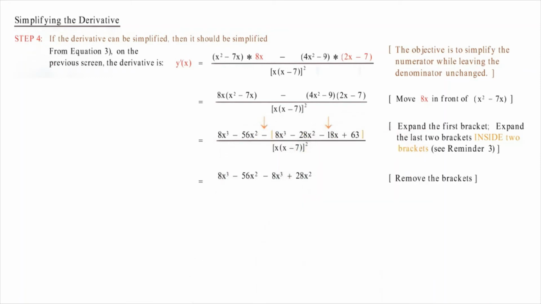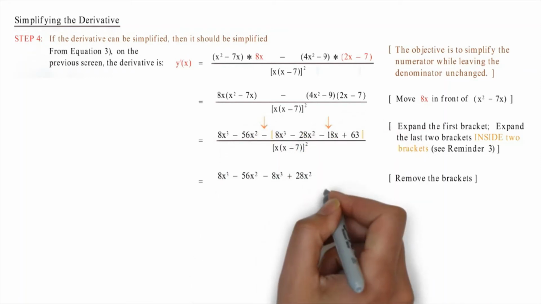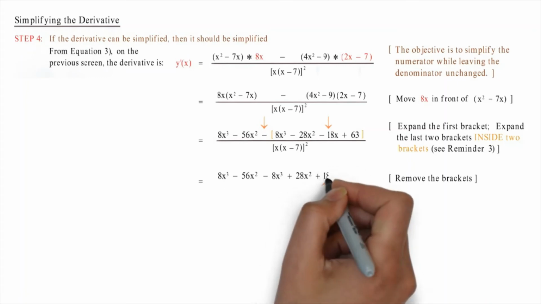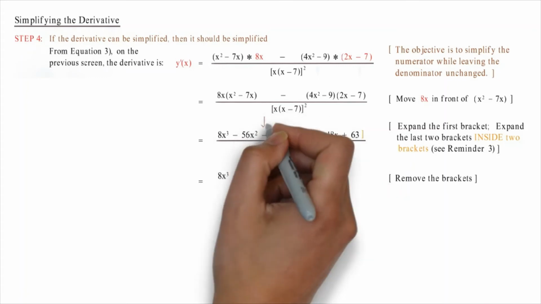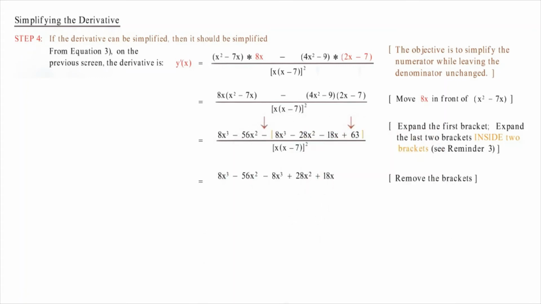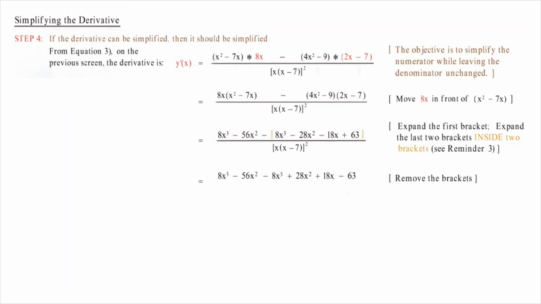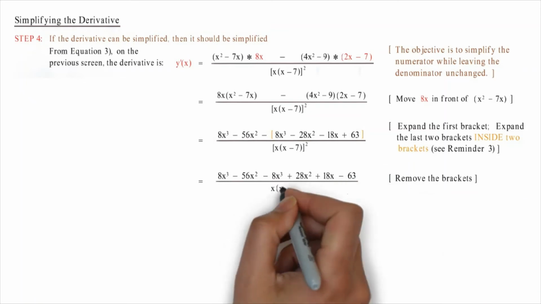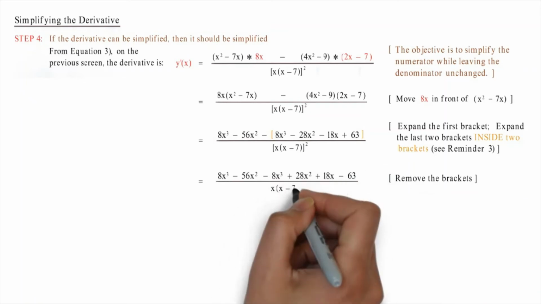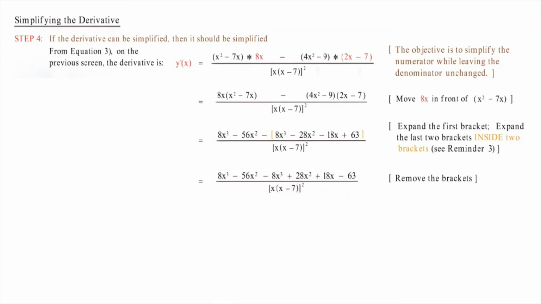Minus 18x is plus 18x. Minus plus 63 is minus 63. Divided by x into x minus 7 all squared equals.